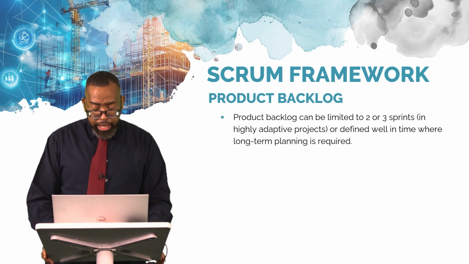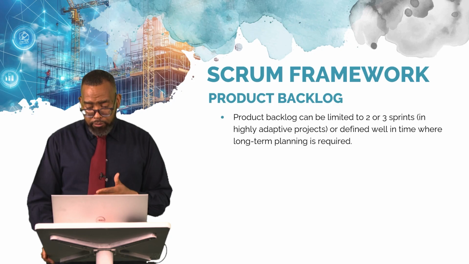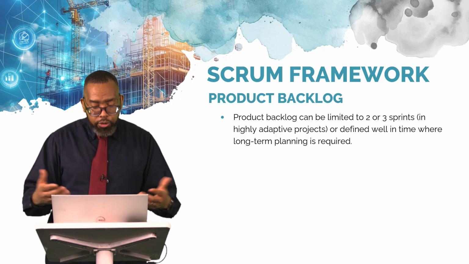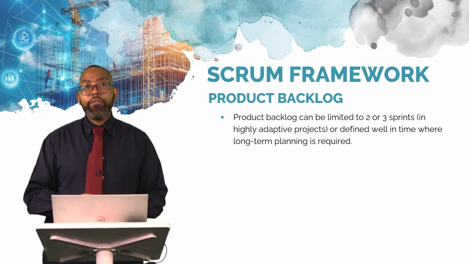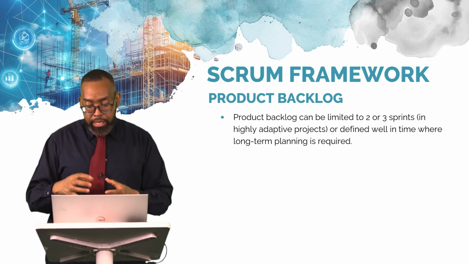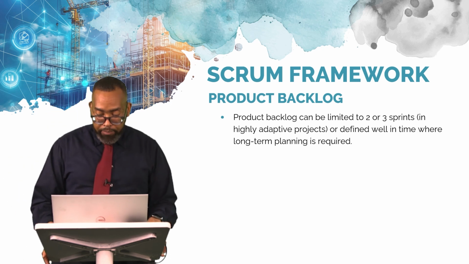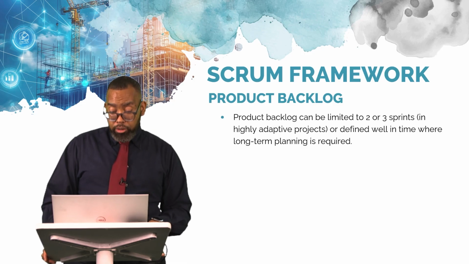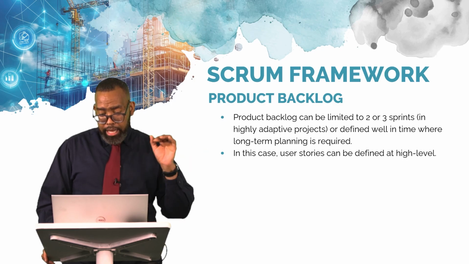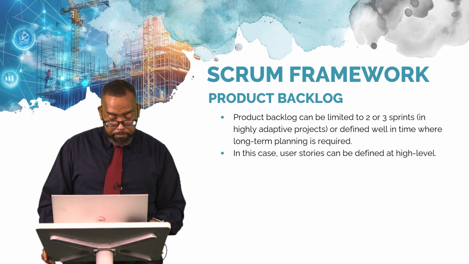And as you can see there, the product backlog can be limited to 2 or 3 sprints, but of course, we cannot give a definitive view of what the product backlog will look like, for example, 6 months down the line, because the principle in Agile, like we said, is we want to have just enough information, just enough requirements in order for us to complete the sprint at hand. So as such, the product backlog will typically sit with items that are 2 to 3 weeks out that have been groomed and are ready for the team to start picking on and working on.